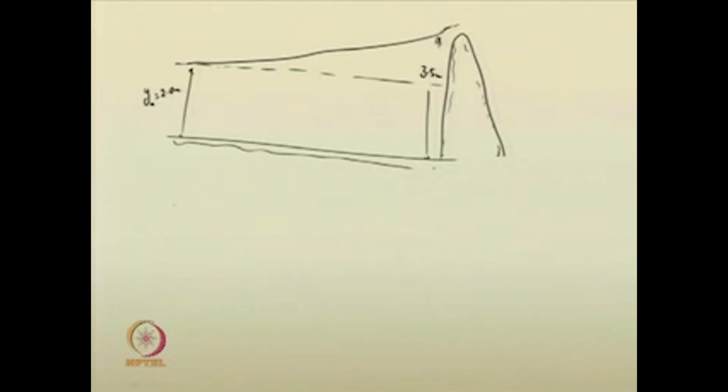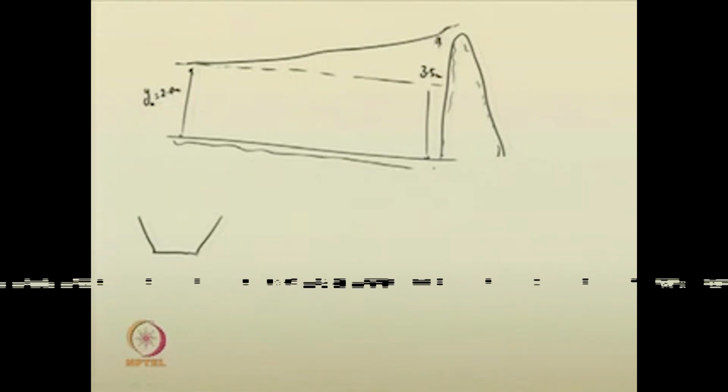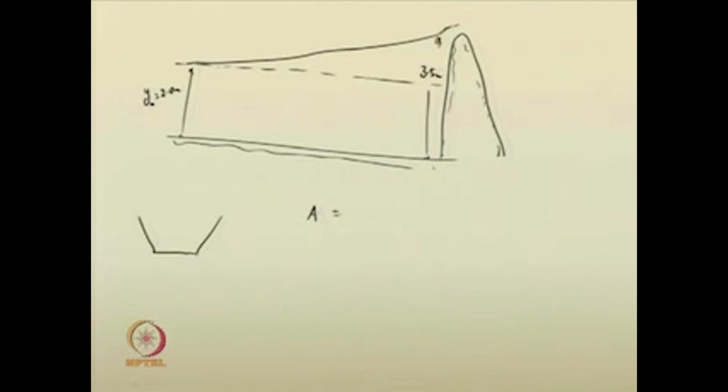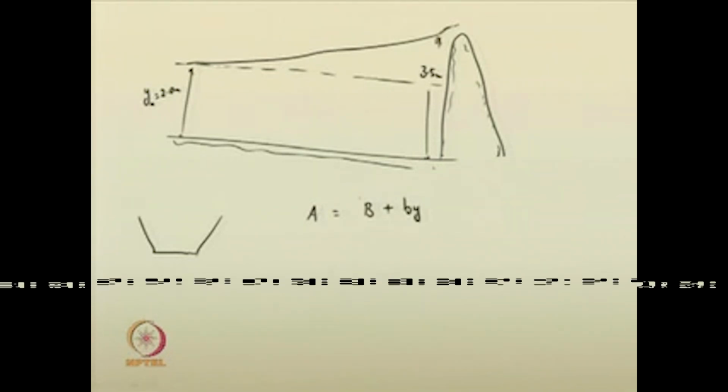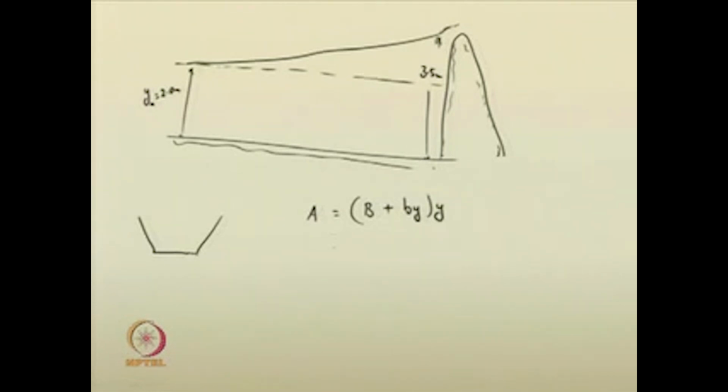For the trapezoidal channel section, if you recall our earlier lectures, area A is given as B plus b y into y.